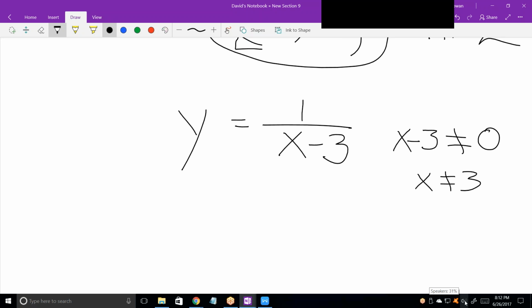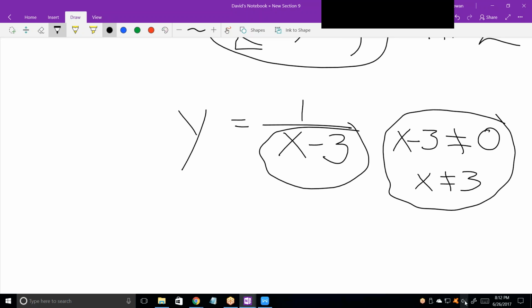Now, I know you're not particularly used to solving non-equations, but that's how you do it basically. In other words, you know that you cannot divide by 0. Therefore, I take whatever that is, set it equal to 0, solve it, and that's what x can't be. And that's the only thing that x can't be. X can be all real numbers.